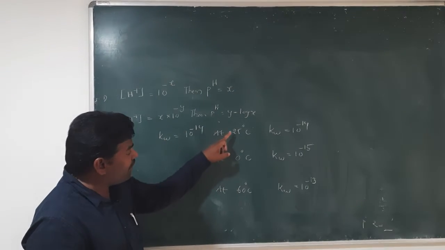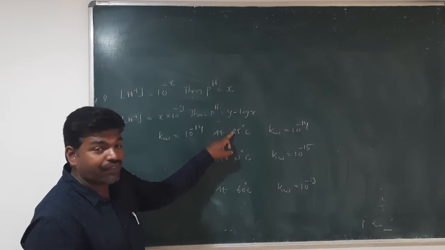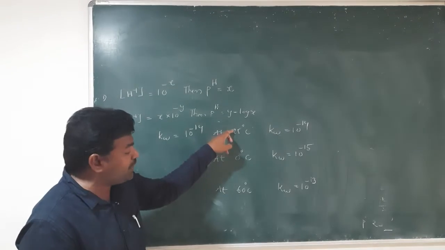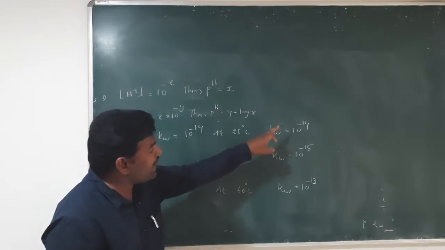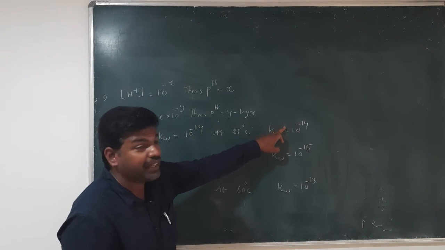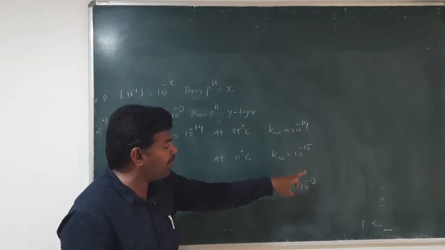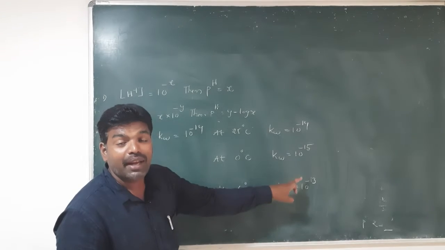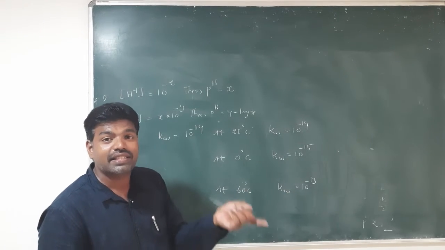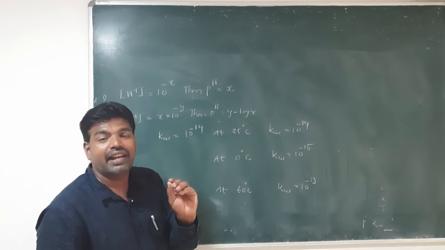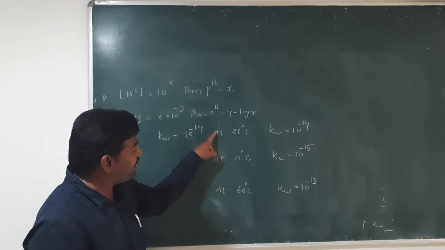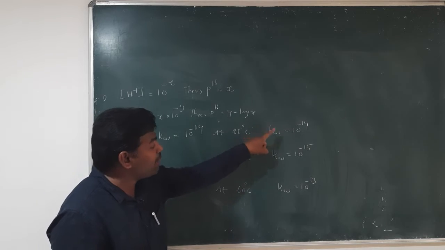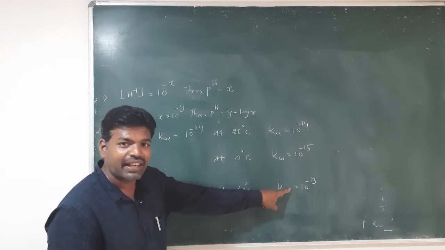This means that when we increase the temperature from 25 degrees centigrade to 60 degrees centigrade, ionic product of water increases from 10 power minus 14 to 10 power minus 13. 10 power minus 13 is greater than 10 power minus 14. So with increasing the temperature, ionic product of water increases.